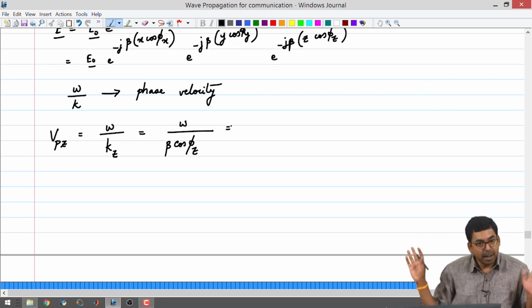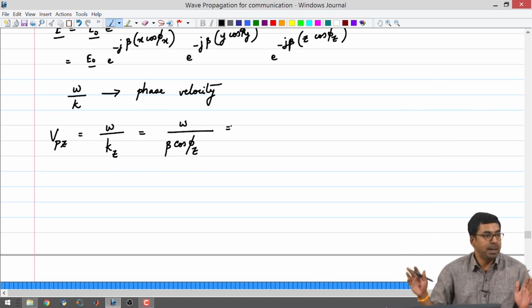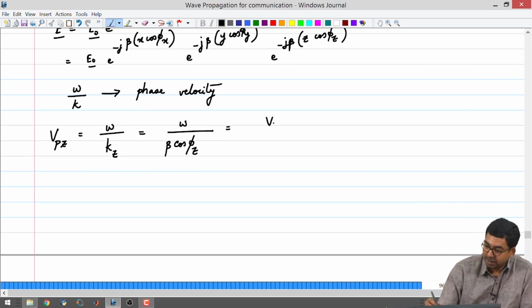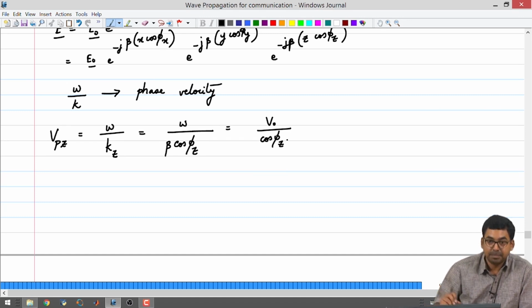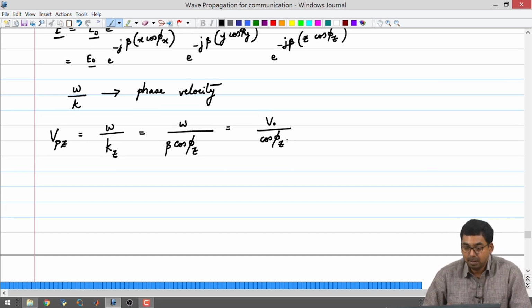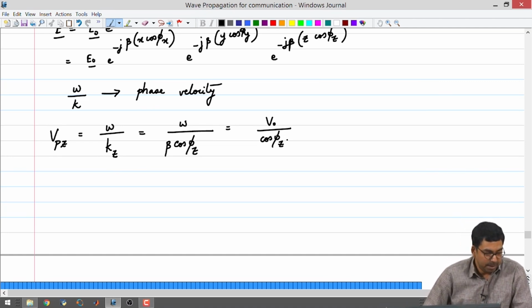If you do not consider any direction, omega divided by beta was actually how we defined phase velocity before we wrote down the vector expansion for k. So, I am going to be having a velocity divided by cos phi z, with the units being radians per second over radians per meter.